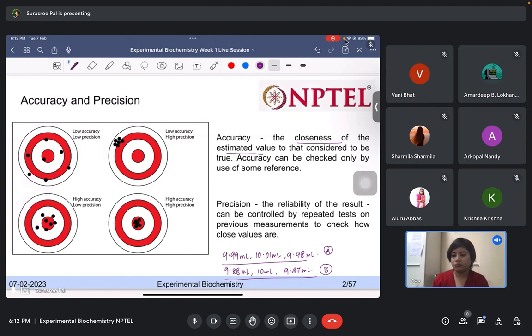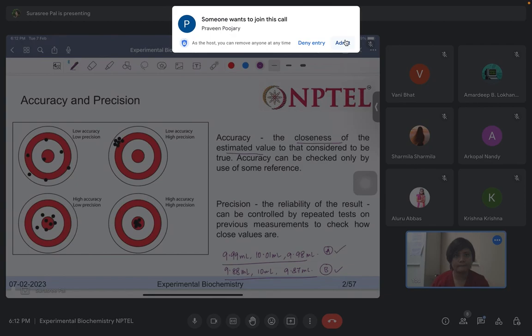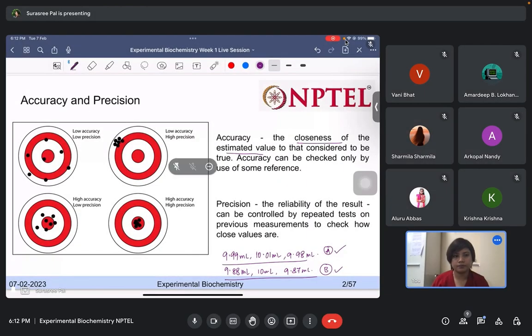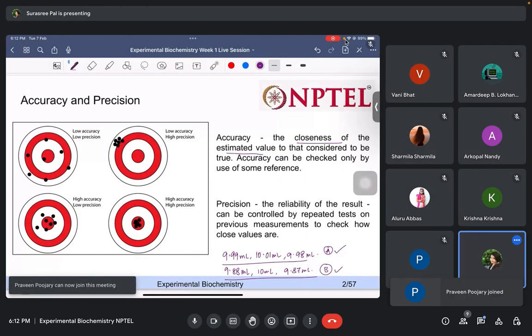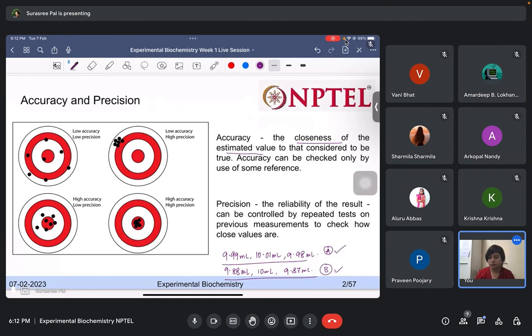Now can anyone of you tell me which set of values you think is more precise, the values of A or the values of B? Precision is when the values are close to each other.